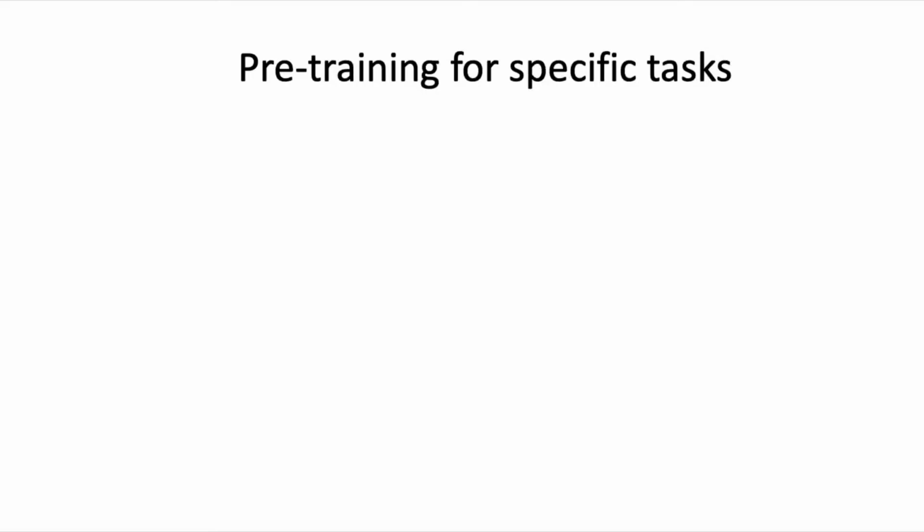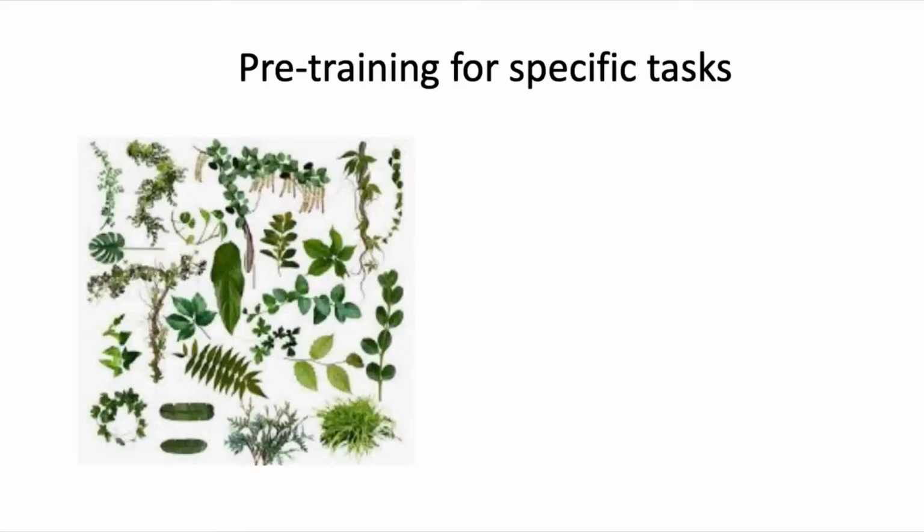For example, let's imagine we want to build a very specialized plant species detector. There are some plant images labeled on ImageNet, but let's say we want to build something so fine-grained and specialized that a botanist could use. There aren't labeled data sets with millions of examples for all the different species of plants.